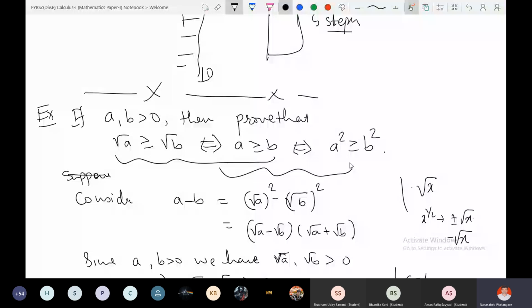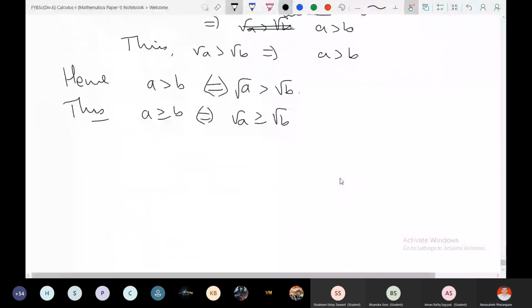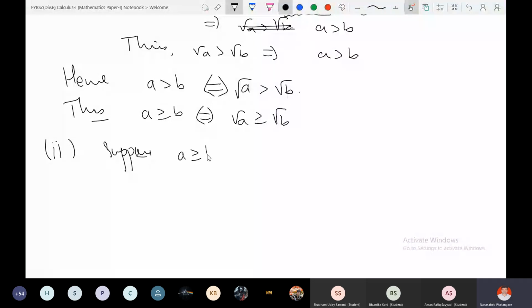So next part, suppose a greater than or equal to b, or a greater than b, then can I say that a square is greater than or equal to b square? With the same logic, whatever we discussed in the first part, you can apply the same logic, right?